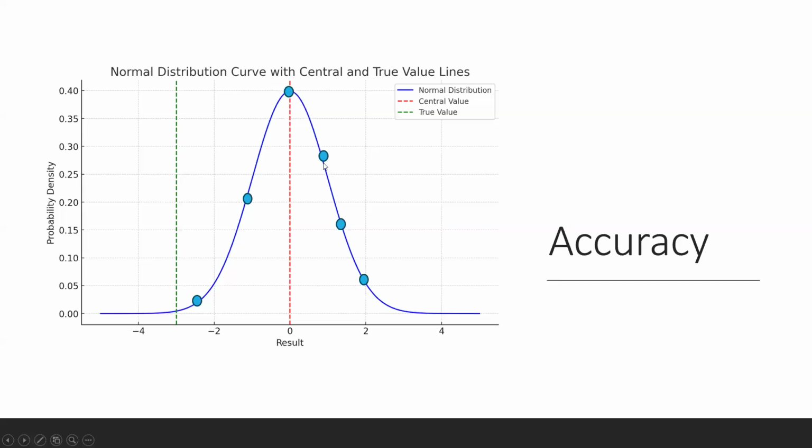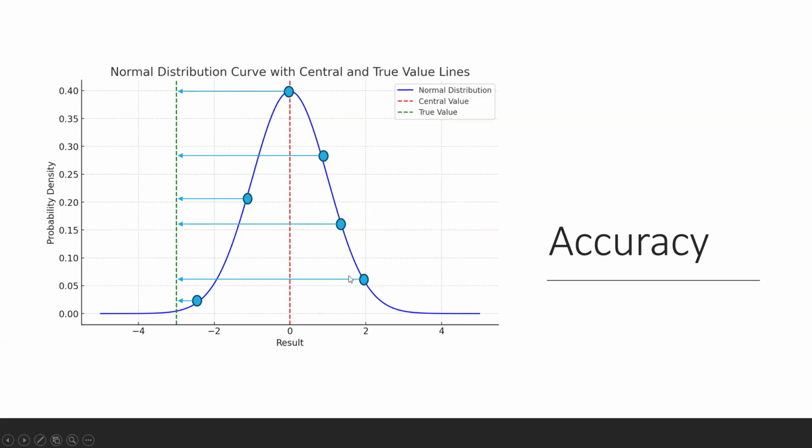Obviously, most results would be more likely to be within one standard deviation of this central value, but 95% would sit within 1.96 times the standard deviation. And if we think about the accuracy of this, yes, this result might be quite accurate and close to the true value, but most of our results are actually quite far away from the true value.